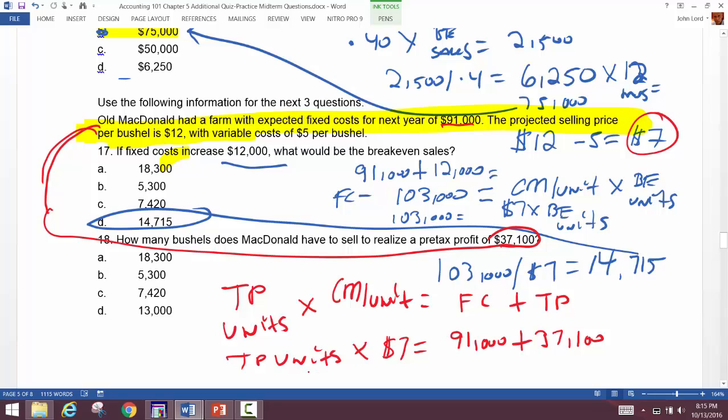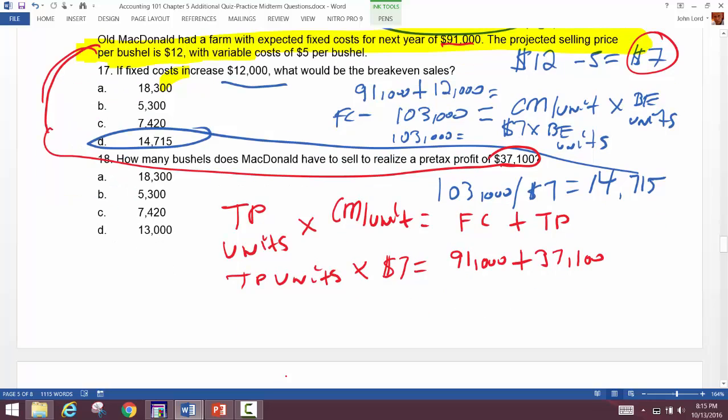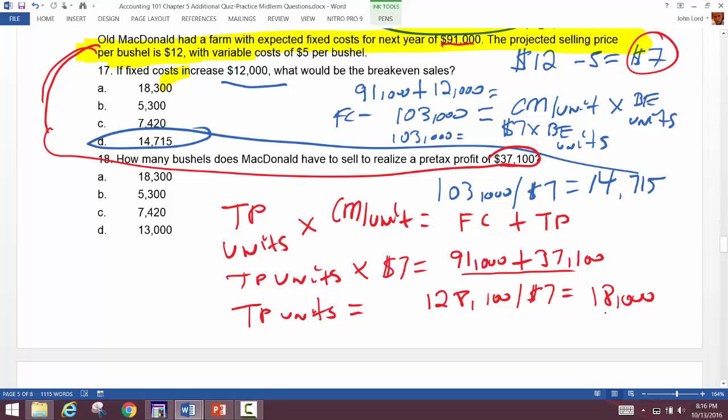So that means that target profit units equals, what's the sum here? 128,100 divided by $7 equals 18,300? Okay.